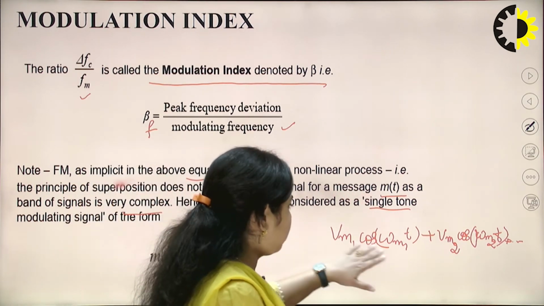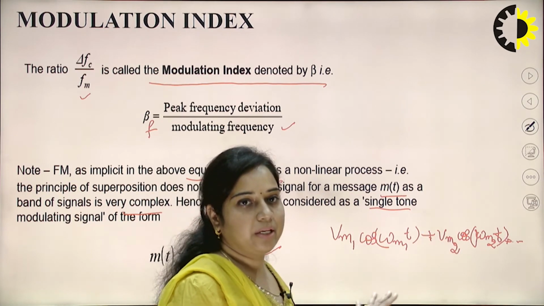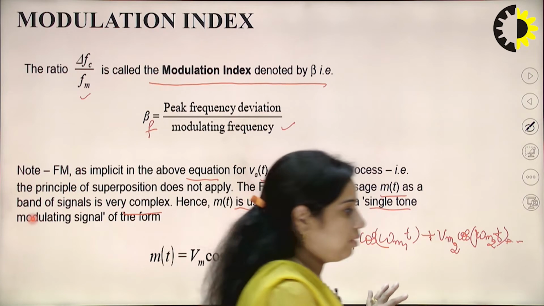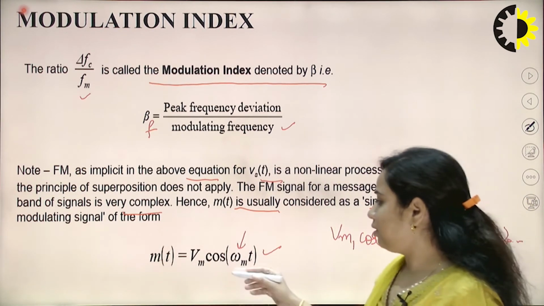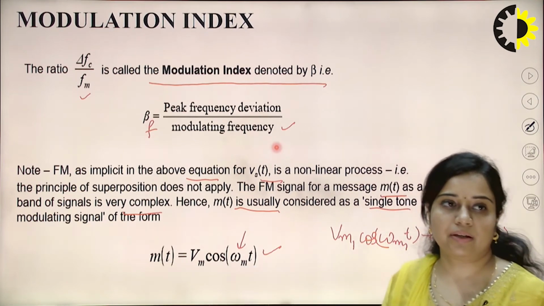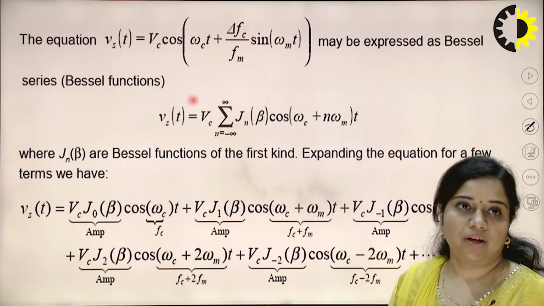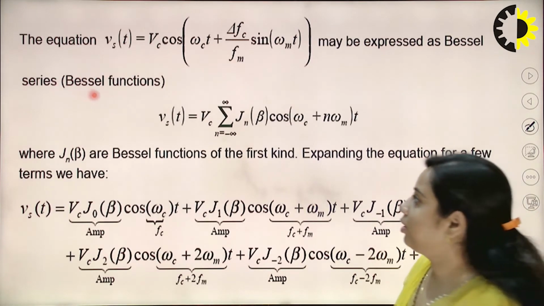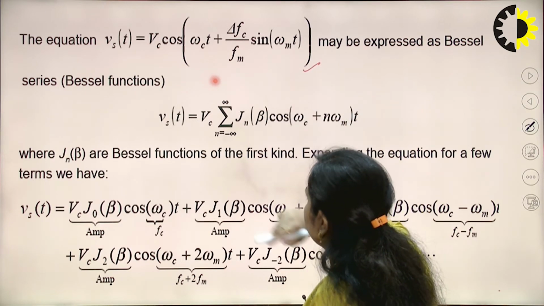Here 2 frequency components are present, so this will be a multiple tone modulation if we consider our message signal in this form, and if we consider our message signal in the other form, then there will be only one frequency component, that is a single tone modulating signal. Now if we put this particular equation into the standard equation, it can be expressed in terms of Bessel functions.